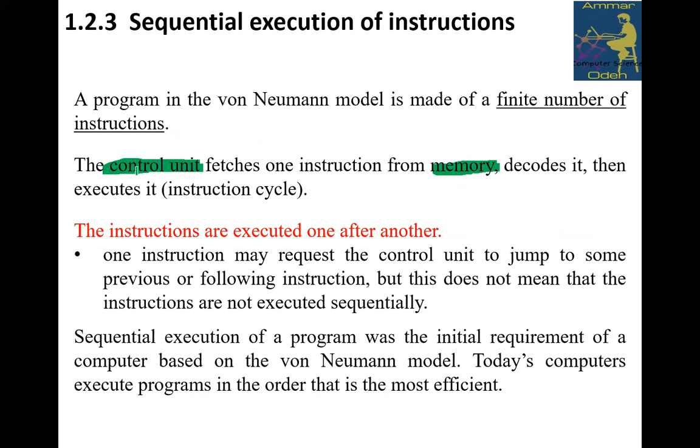So the control unit is responsible to fetch one instruction from memory. ليش one instruction؟ لأنه بالعادة إحنا بنتعامل مع instruction as a sequential execution، وهو عبارة عن الفيرست initial requirement اللي حطها فان نيومان موديل بالشغل تبعه.